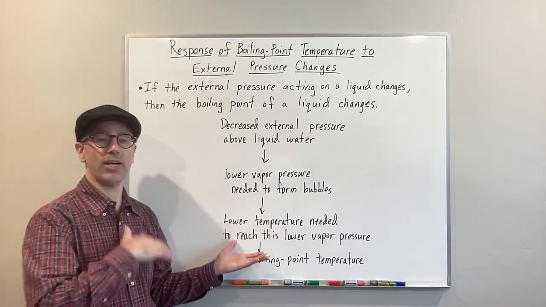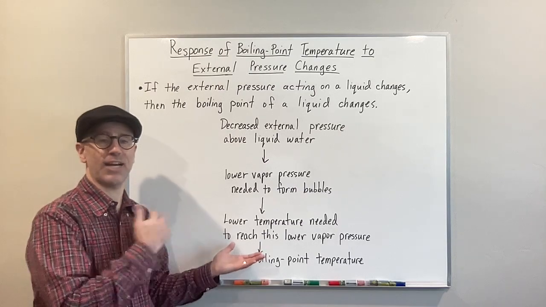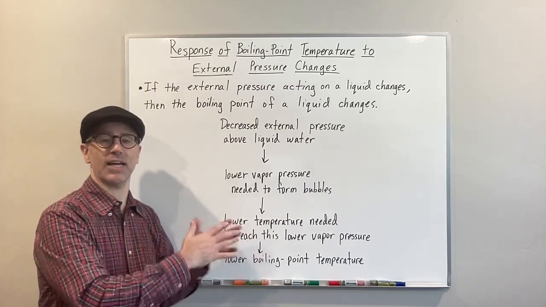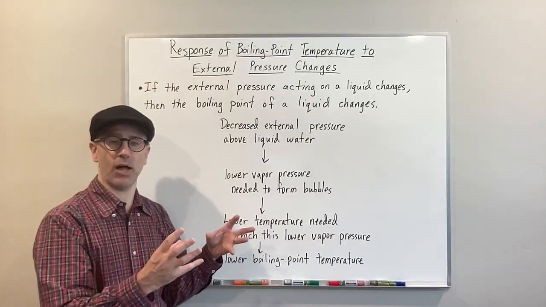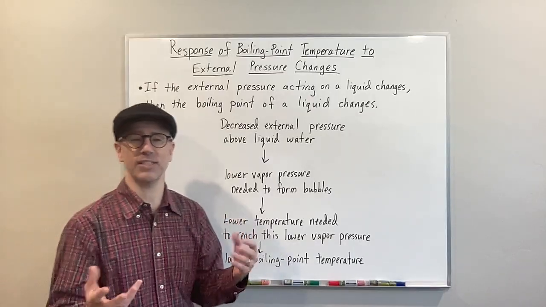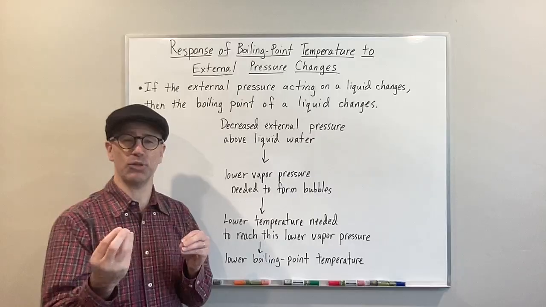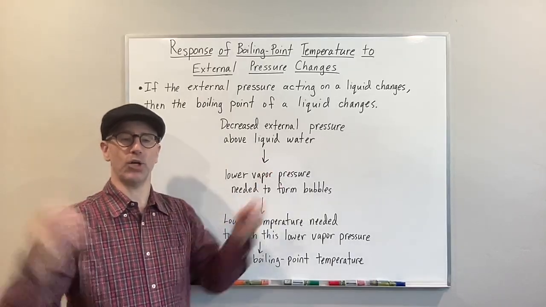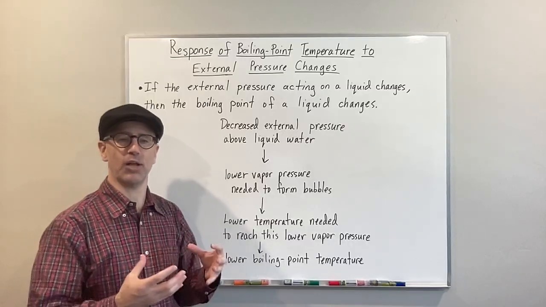So as long as you're supplying energy, that energy is going into the boiling and allowing for the potential energy of the molecules to increase. And potential energy is tied to the positioning of the molecules, right? So if you allow the molecules to spread apart, you're increasing the potential energy of the molecules.